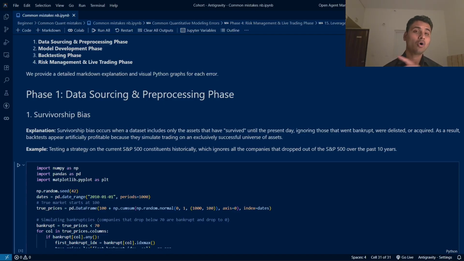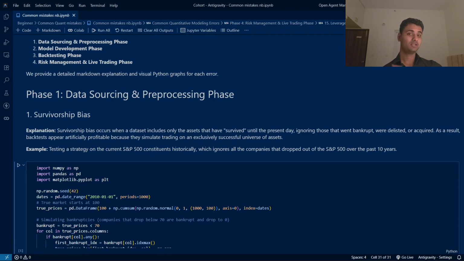You are ignoring all the stocks that have been delisted, namely, let's say in 2008, Lehman Brothers, right? They had a severe crash and it got delisted. So what survivorship bias does to your model is it only takes the winners. It doesn't consider the companies that failed, that went bankrupt.